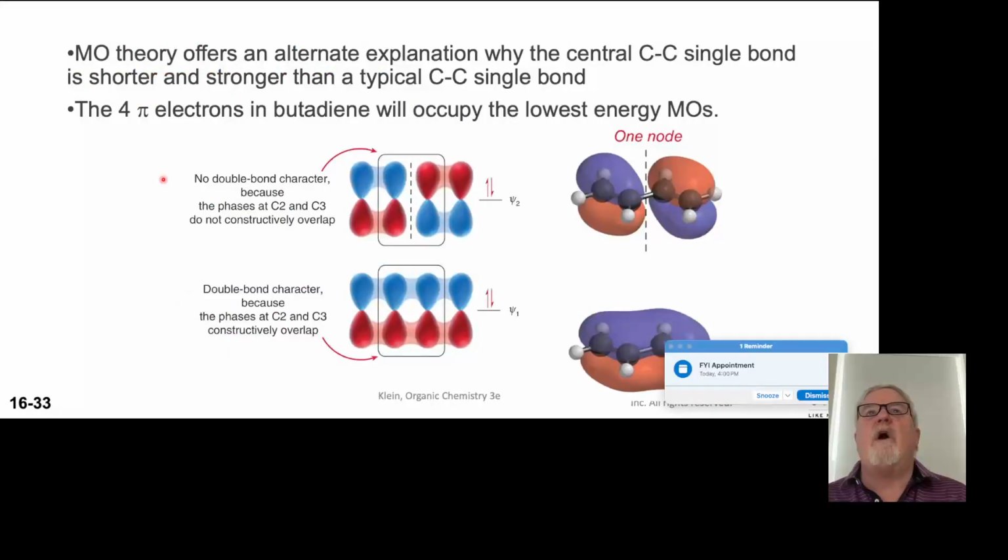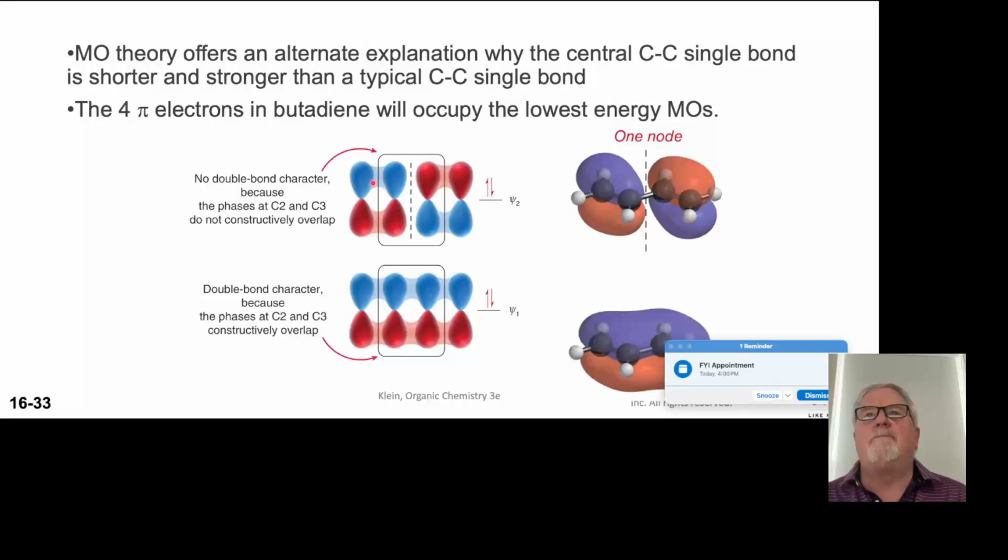So MO theory offers an alternate explanation why the central carbon-carbon single bond is shorter and stronger than a typical carbon-carbon single bond. The 4 electrons in butadiene will occupy the lowest energy MOs, and so we put them in here, and we have all bonding interactions. Then we put them up here, and we have bonding interactions between these two carbons.